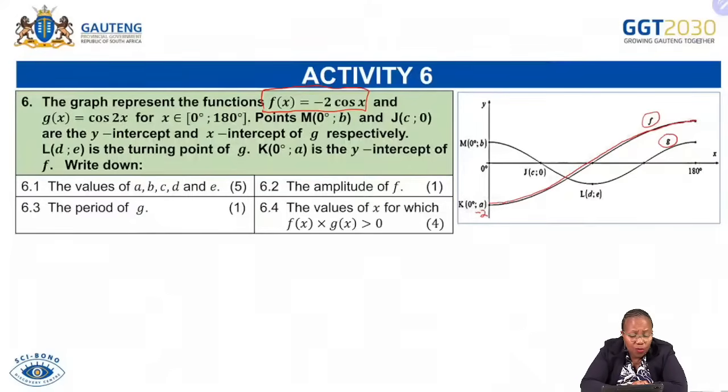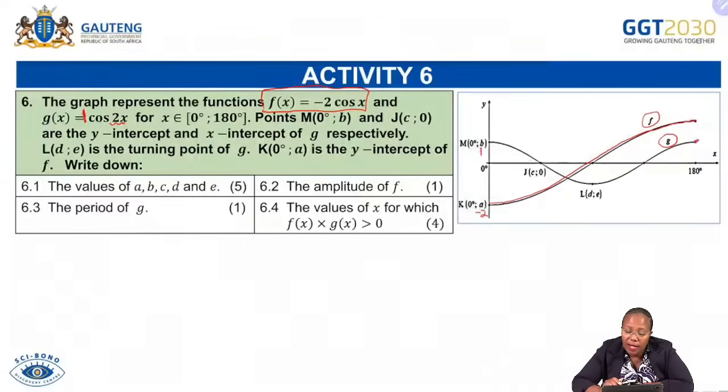The g cosine graph has amplitude 1, and it is 2x there, which means the period is divided by 2. That is why we have a complete graph at 180.